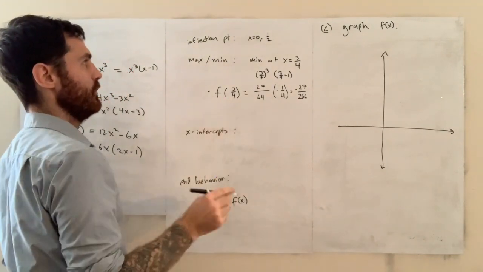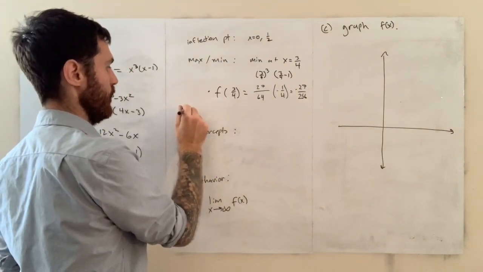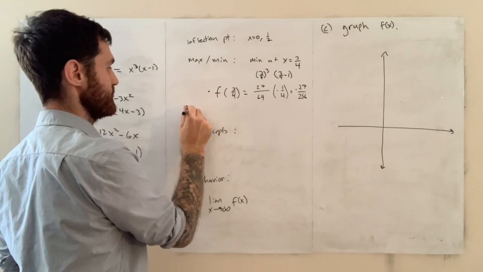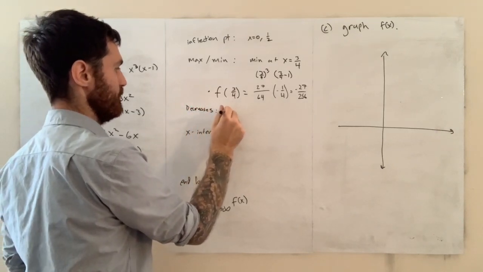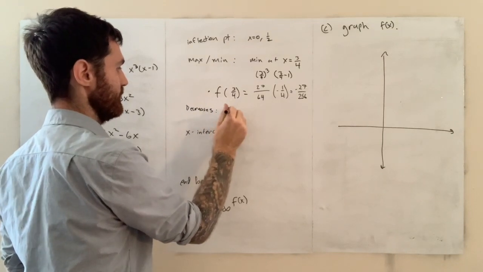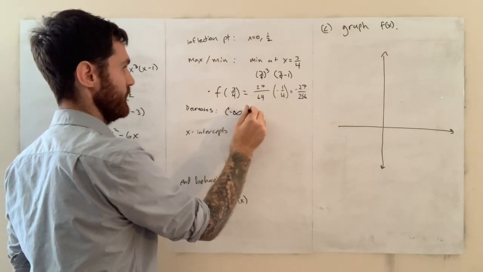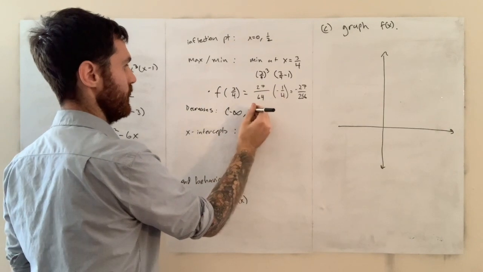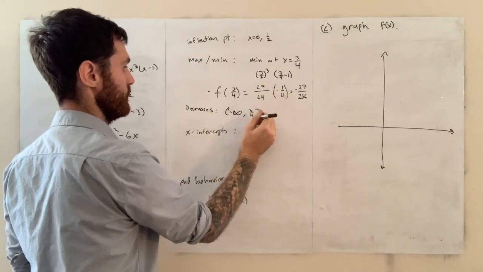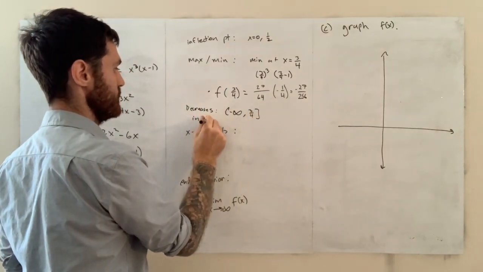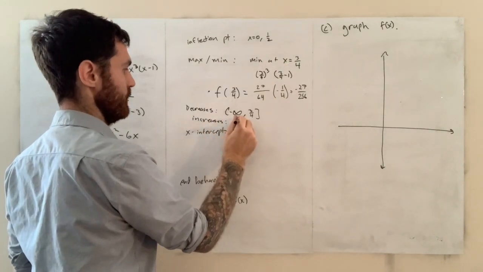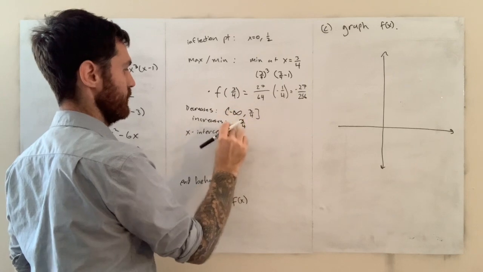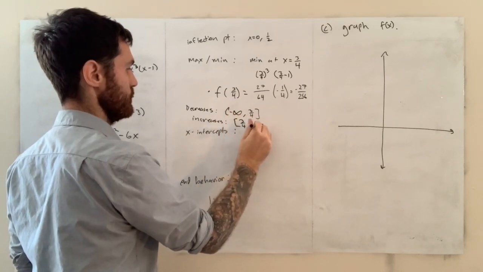And then we also know that it decreases from negative infinity all the way to 3/4, and that it increases from 3/4 to infinity.